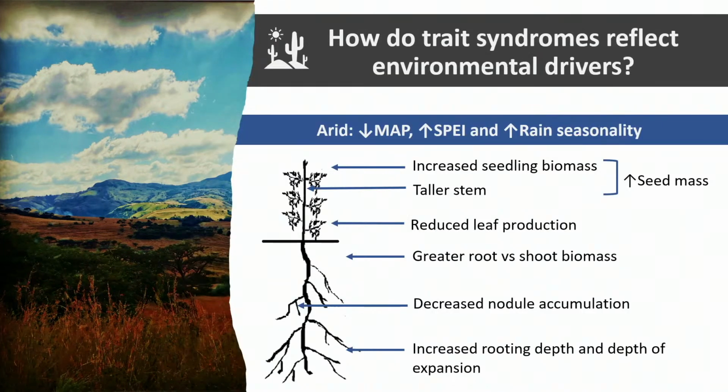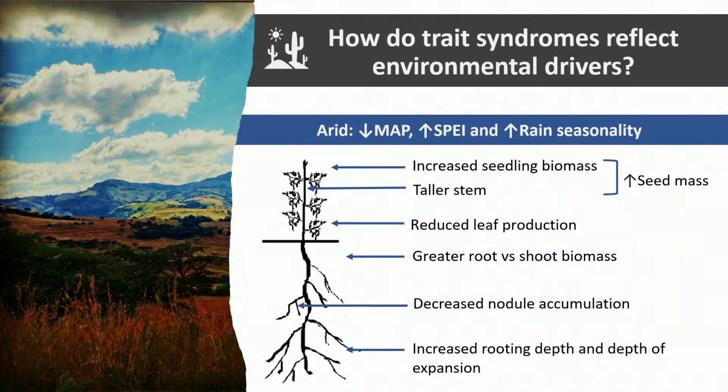I'm not going to show you the individual results because there's many of them, but I just summarized what we found here. We found that plants that grow in arid environments tend to have a greater seedling biomass and taller stems, and also a greater rooting depth. And these were all traits that are also highly related to seed mass. So we think that the fact that these plants tend to have large seeds is driving that.